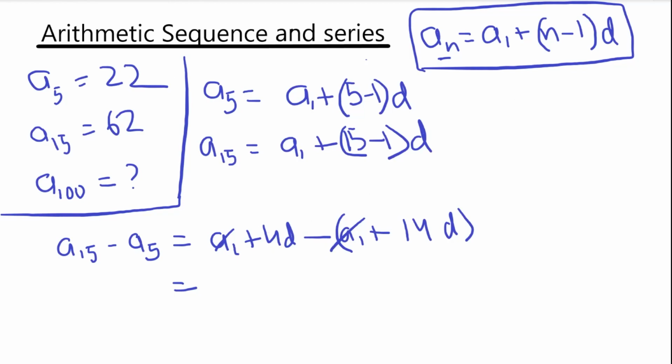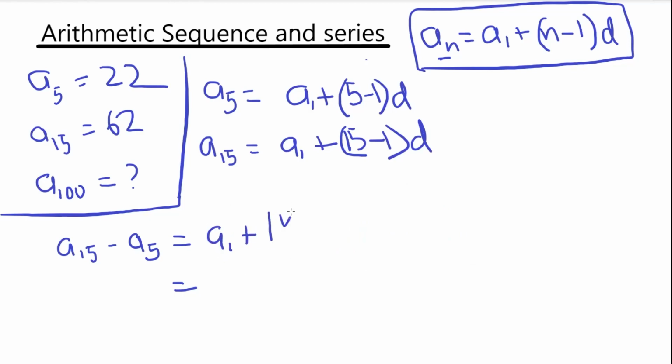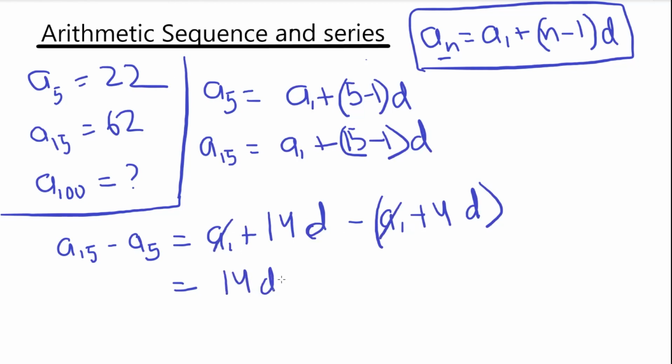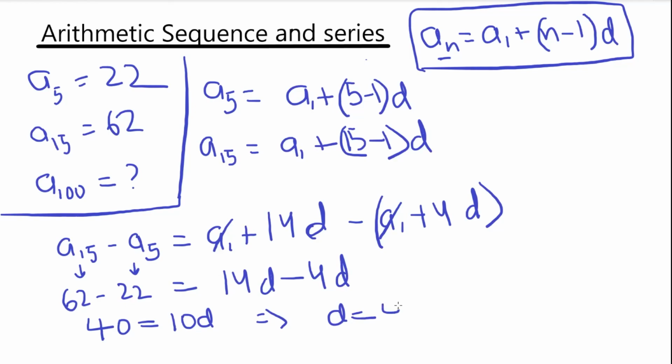Oh wait, I did it the other way around at first. Yet again, the first terms will cancel out, and you'll be left with 14d minus 4d. You can put in the real values of the 15th term and the 5th term as given in the question. So 62 minus 22, which is 40, is equal to 10d. Therefore, d is equal to 4.